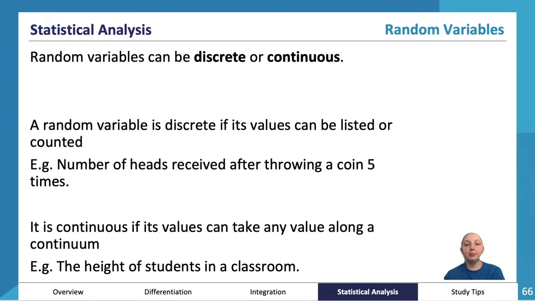And a variable is continuous if its values can take any value along a continuum. For example, heights of students in a classroom, if you had the equipment to measure it properly, down to tiny little increments. So it can take any value on a continuum.